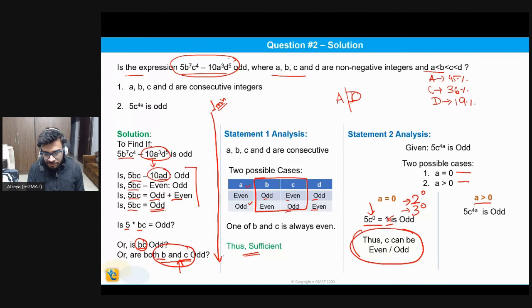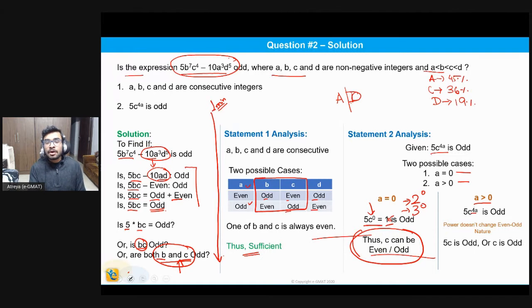If a is greater than 0, it's given in the question that 5c to the power 4a is an odd number. Again, we'll use the same approach that we used in the last question: power does not change the even-odd property, right? So we can simply get rid of 4a, and say that the value of 5c is odd.